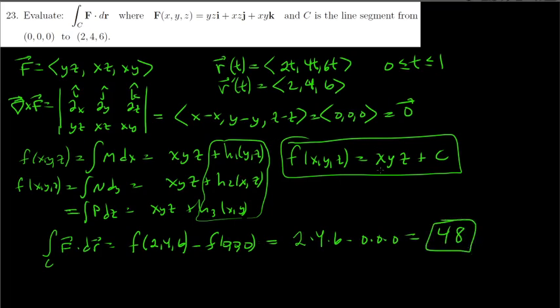Now we could have done this directly, and it wouldn't have been that much more difficult. Rather than take the curl and then integrate to get the potential function, we could have done this directly. But you get the same answer either way, 48. I decided to do it using the fundamental theorem of line integrals.